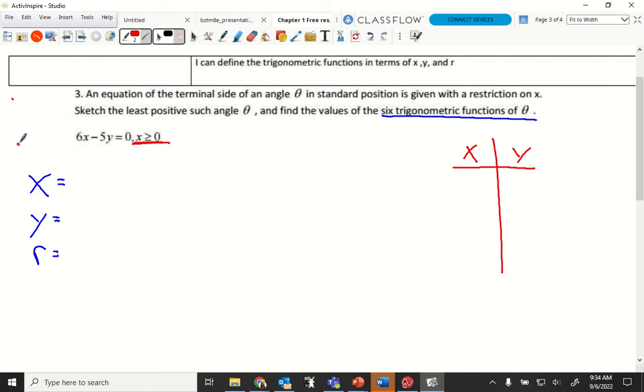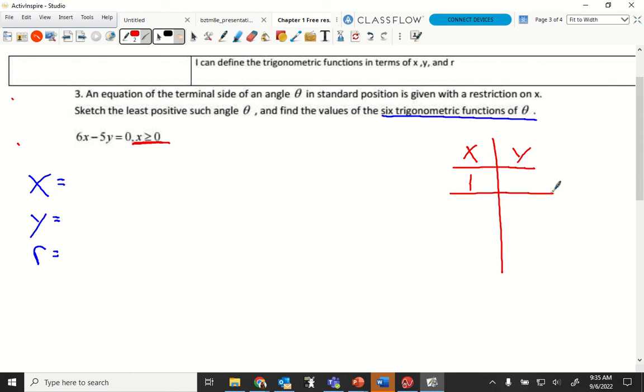Yes, greater than 0, right? But what do you think my first one should be? Okay, try 1. What'd you say? 6? That would be a good one. Let's try 1. Let's see what happens when I plug in a 1.